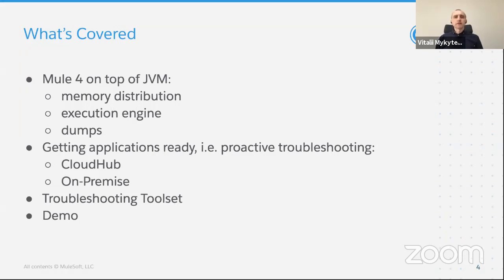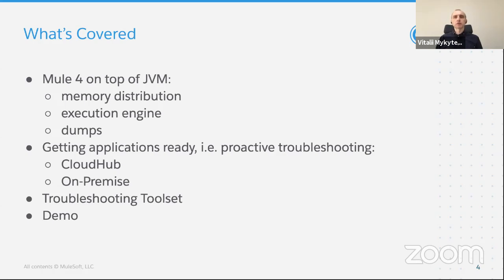What's covered in this presentation? We'll talk a little bit about the basics like Java virtual machine memory distribution. We'll cover some top level troubleshooting information in regards to the Mule4 execution engine.